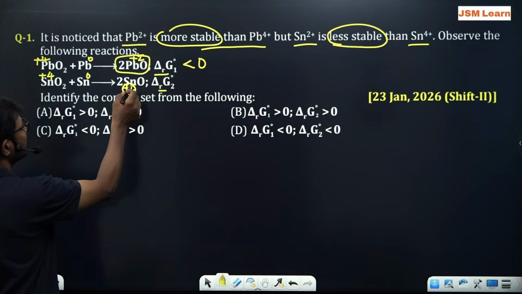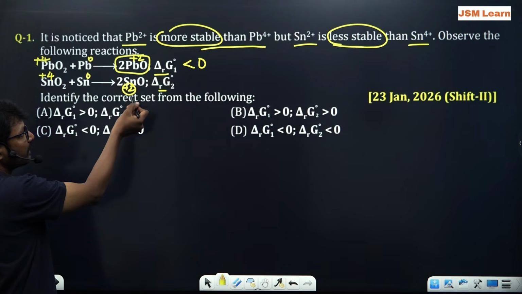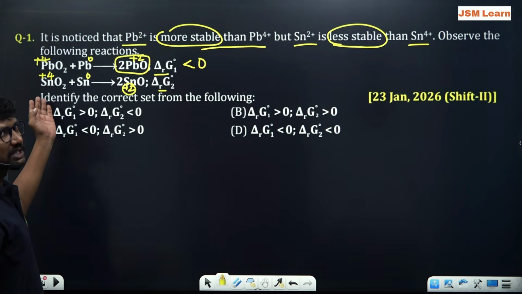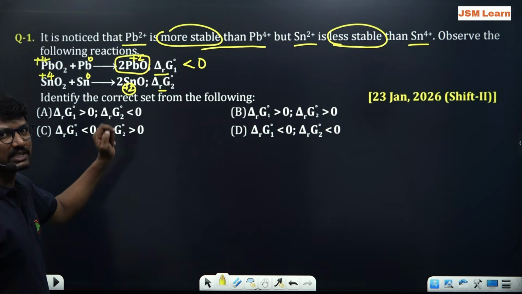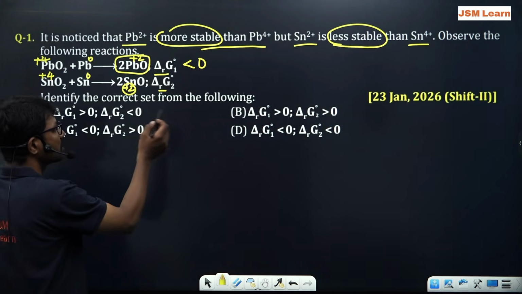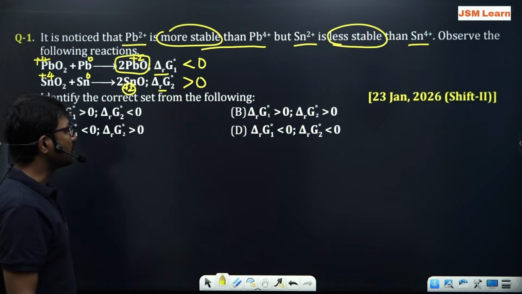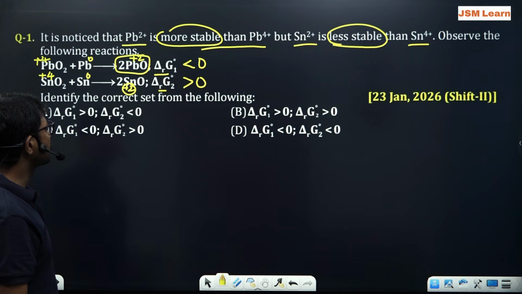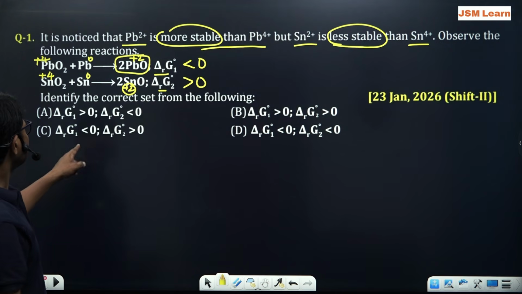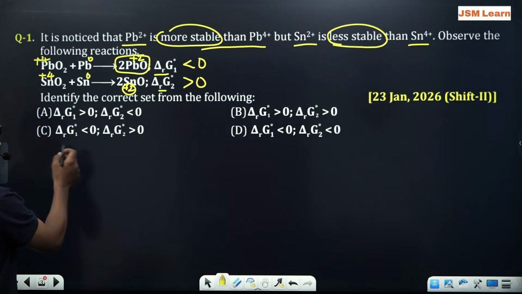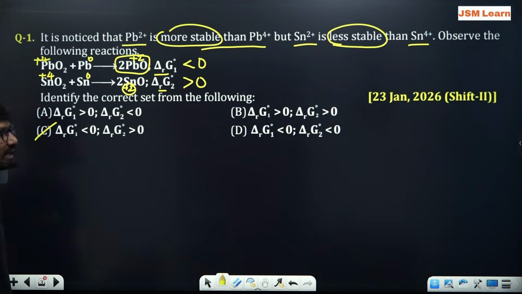That means plus 4 is converting into plus 2, and a more stable substance never wants to convert into a less stable substance. That means here a non-spontaneous process is taking place. So delta G in this case will be positive. So delta G1 is negative and delta G2 is positive. So option C is the correct answer for this.